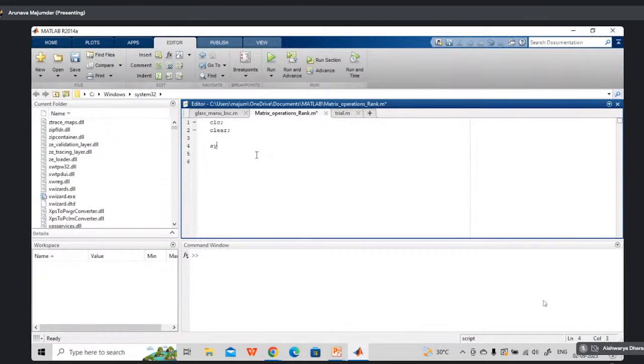Let me first give you the matrix. The coefficient matrix A is given as: the first row is 2 1 1, the second row is minus 1 1 minus 1, and the third row is 1 2 3.